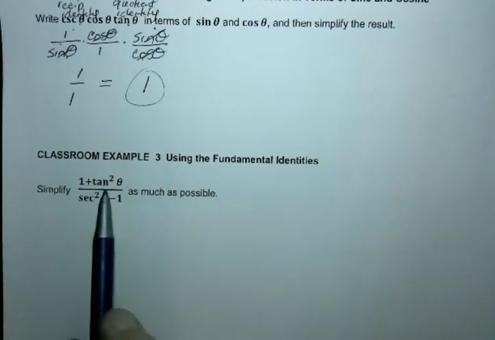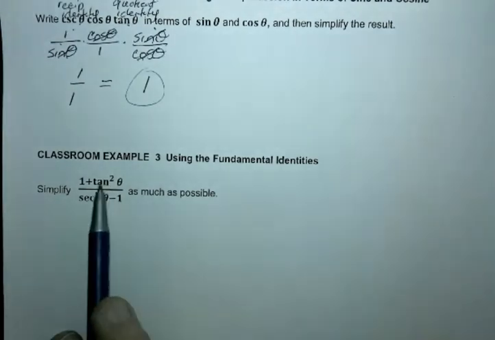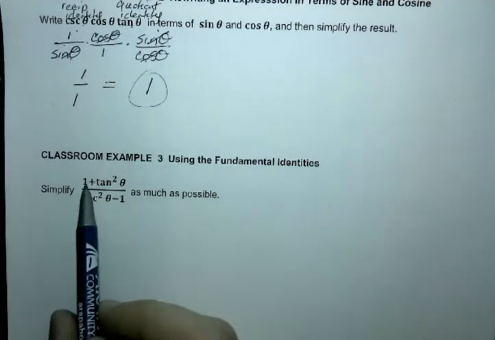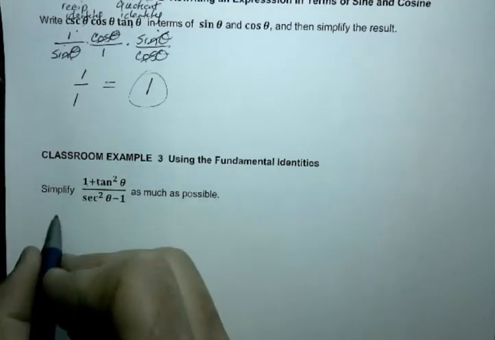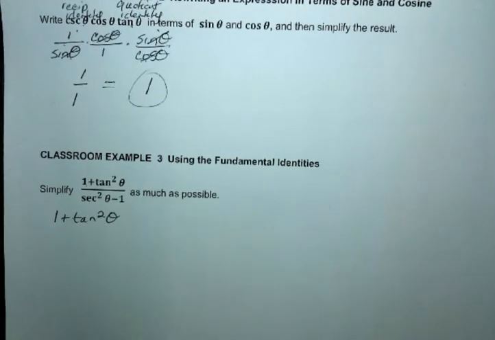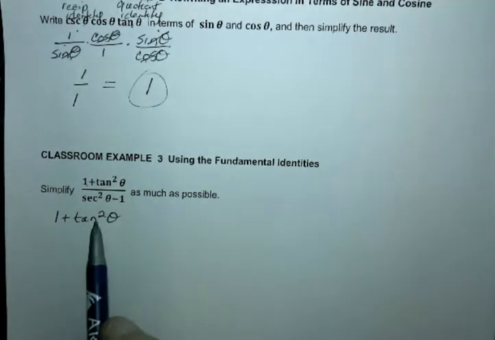Here's another expression that we want to try and simplify. And kind of a rule of thumb with these is that if you see one of your trig functions squared, think of the Pythagorean identities and think of some of those alternate forms we looked at. If we're trying to simplify 1 plus tangent squared theta, that's actually one of the original forms of one of our Pythagorean identities. This would just be equal to secant squared of theta.